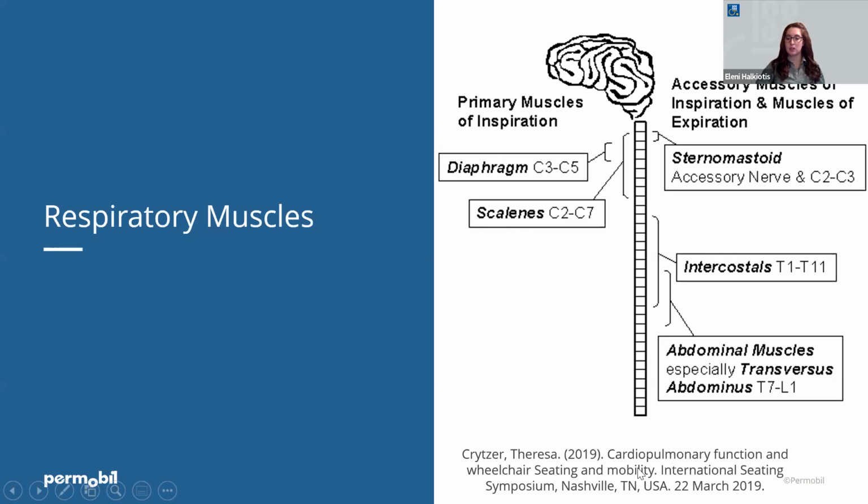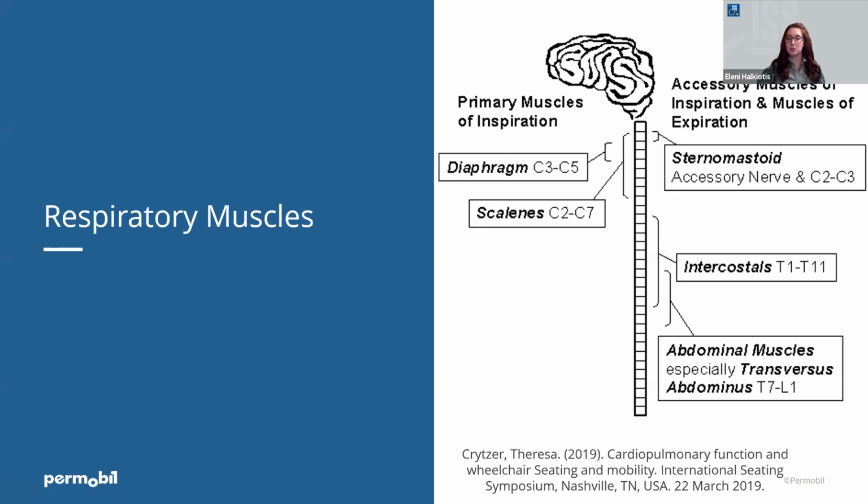Because without sufficient oxygen, muscles can't operate to their maximum potential. And that certainly can affect a range of body function, not the least of which is mobility-related activities of daily living and wheelchair propulsion.